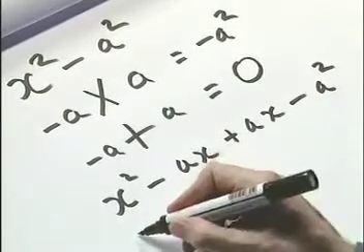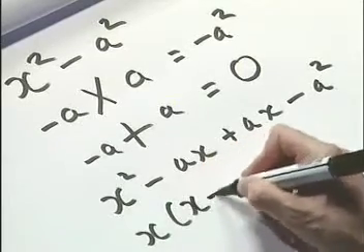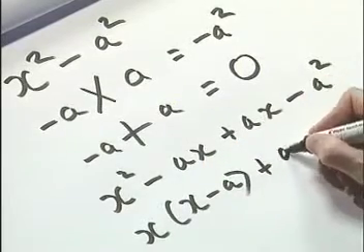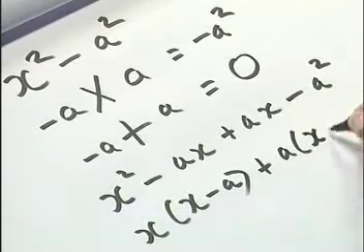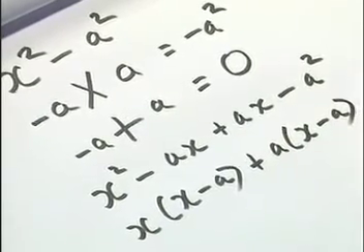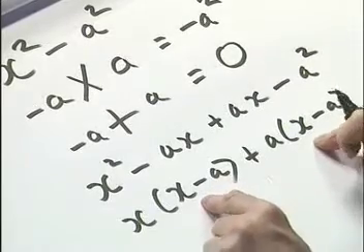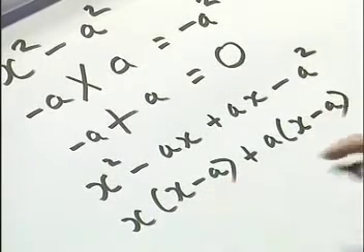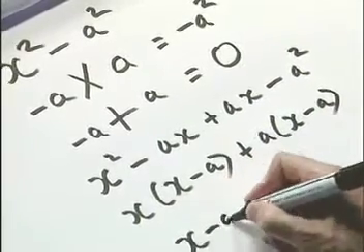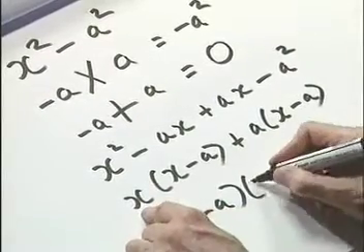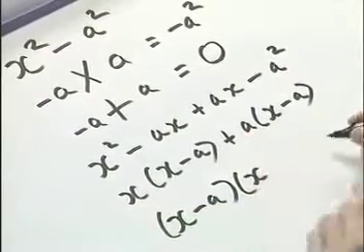Common factor of x here, x minus a, and a common factor of a here, x minus a again. Two lumps of algebra, each one sharing this common factor of x minus a. x minus a multiplies x and multiplies a.